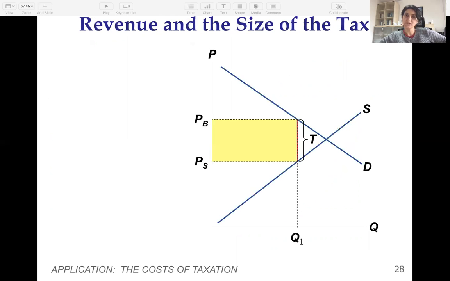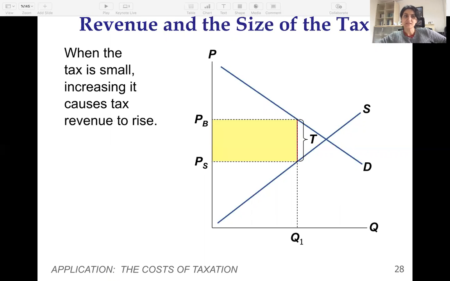Now, revenue and the size of the tax. This was the revenue, right? With the tax, PB minus PS times Q1 is the area of the tax revenue when the tax is T. Suppose the tax rate is doubled, then what will happen? The quantity after the double tax will be Q2.